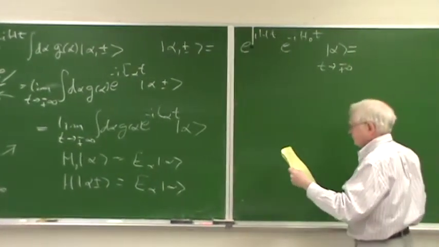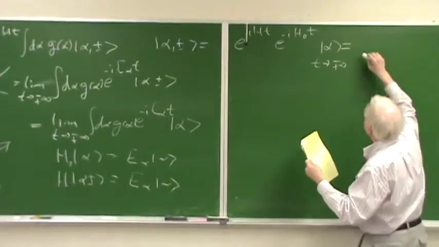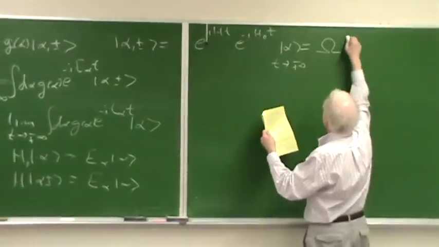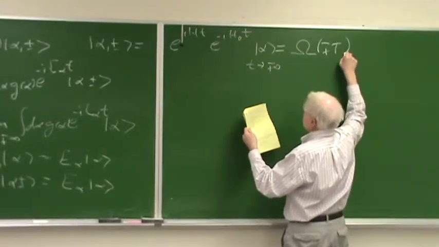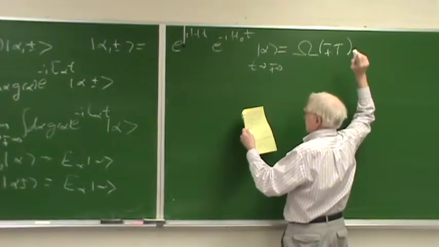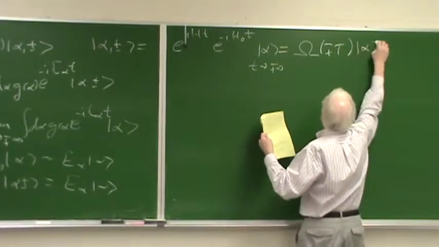And Weinberg's notation for that, unfortunately, is omega minus plus of t, t being a large number, on alpha.